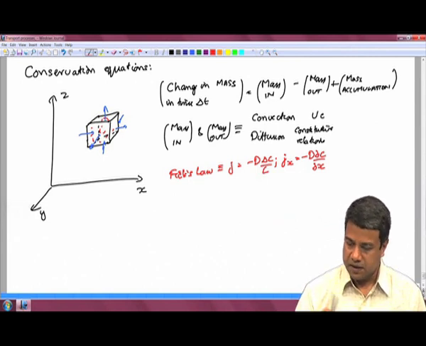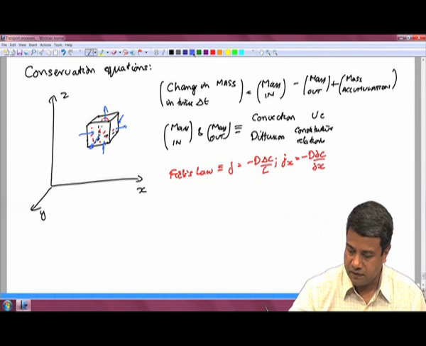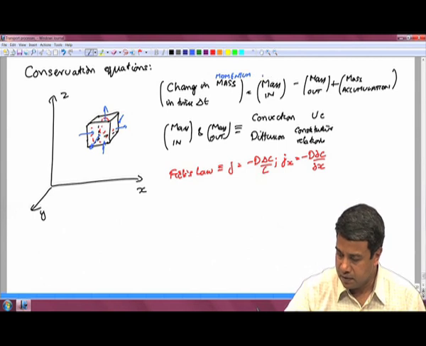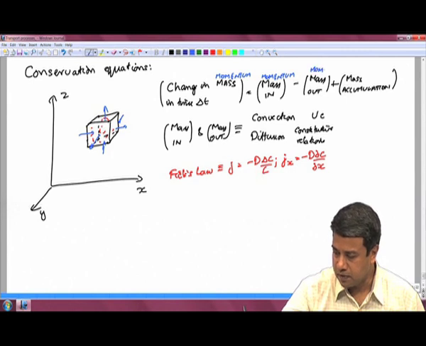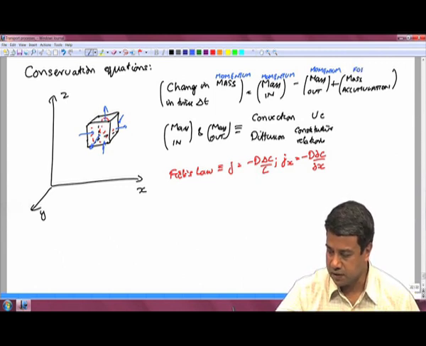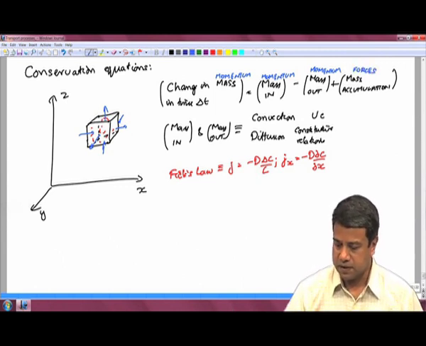Exact same principle applies for momentum: momentum in, momentum out, and rather than having mass accumulation, I will have the sum of forces on that system.